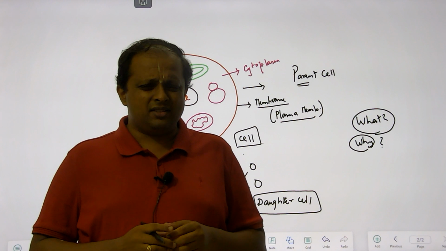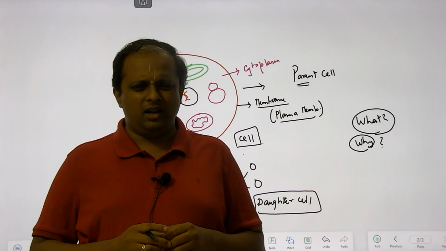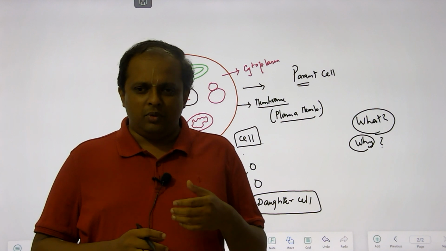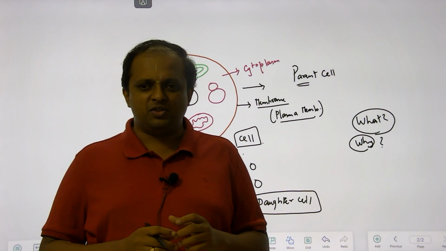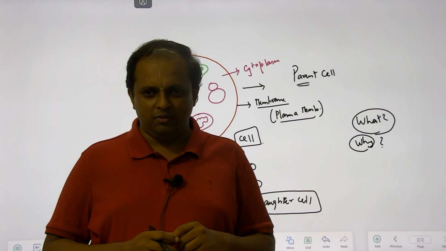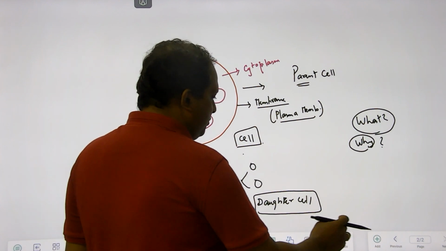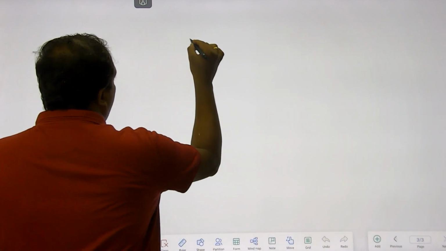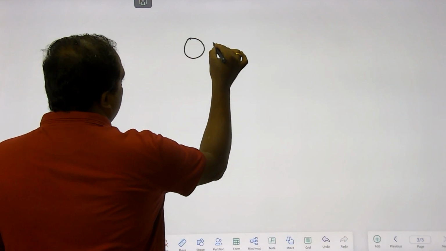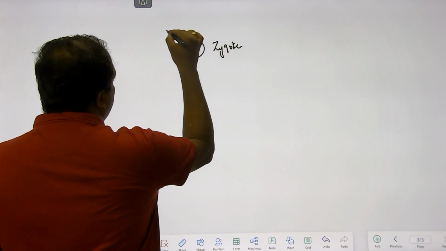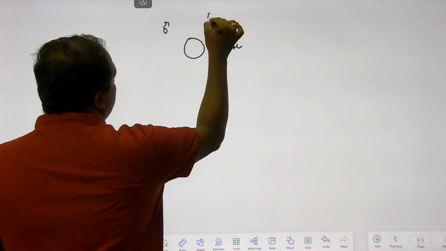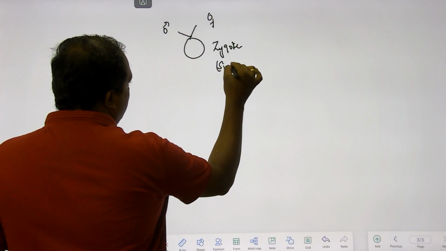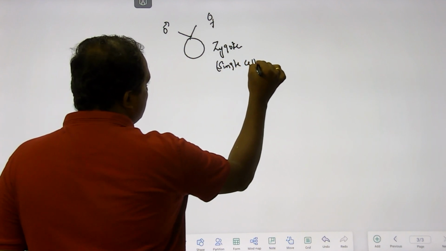Every organism is essentially formed from a single-celled zygote. The one who talks here, myself, the one who keeps watching, everyone is formed from a zygote, which is formed by the fusion of male and female gametes.